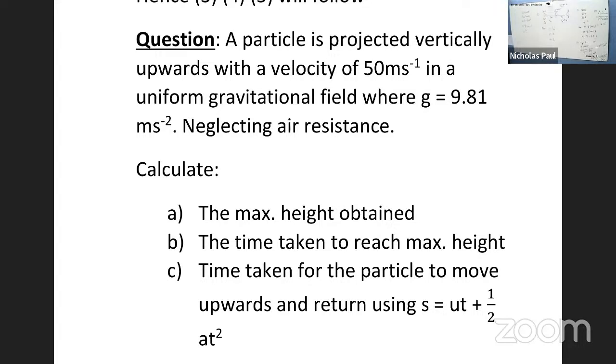Right, all those things, make a little note of it. Gravity going upwards is negative, downwards positive.